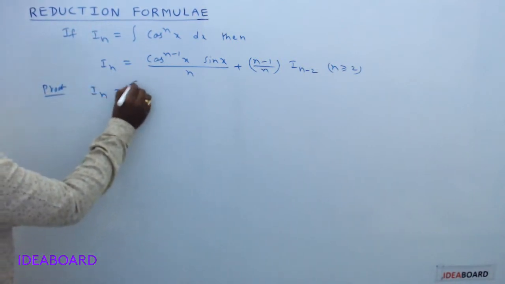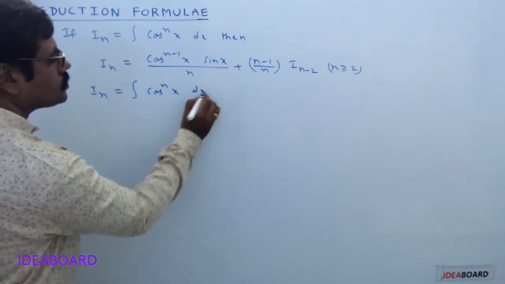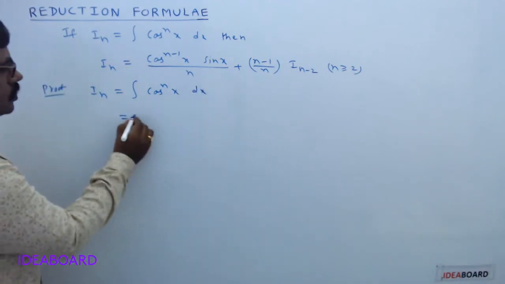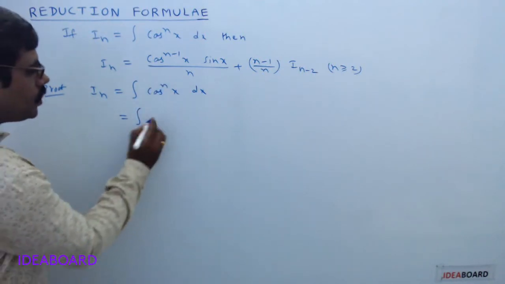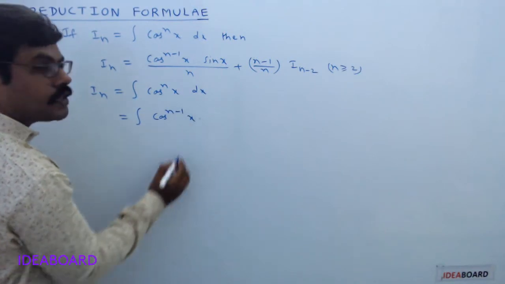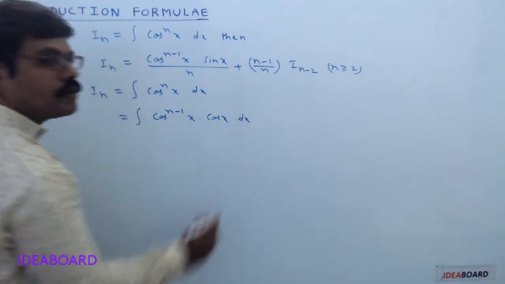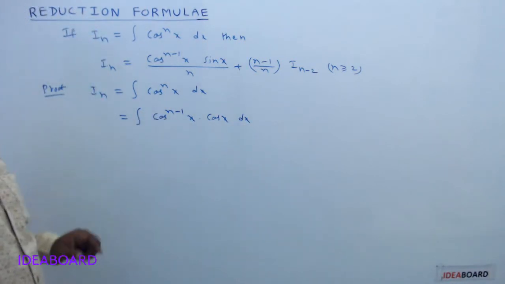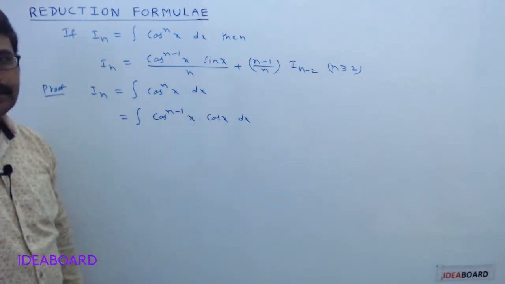In is integral cos power n x dx. Now this equals integral cos power n x, which can be written as cos power n minus 1 x into cos x dx.